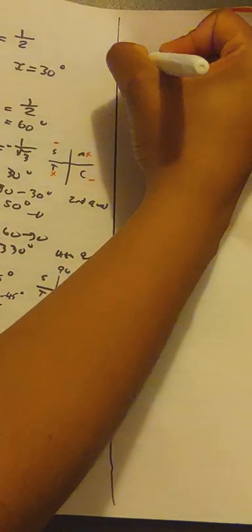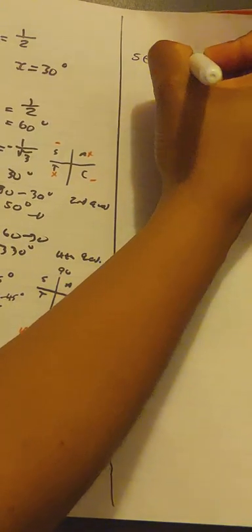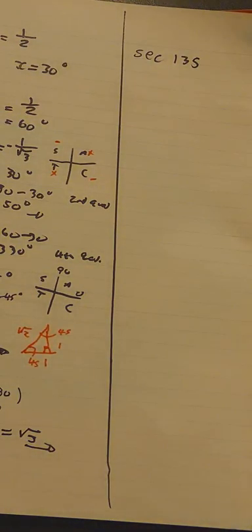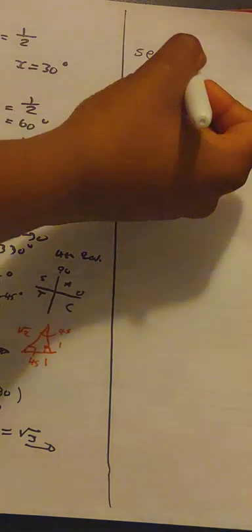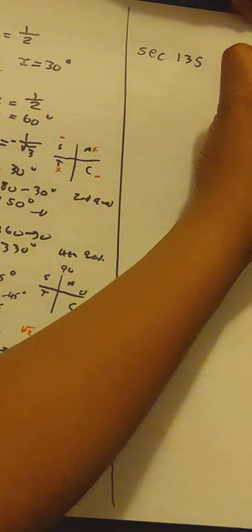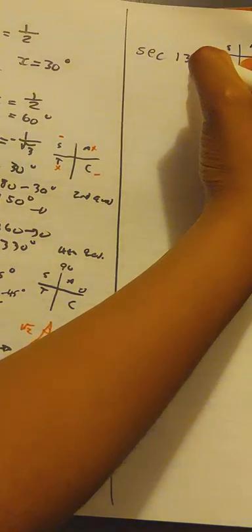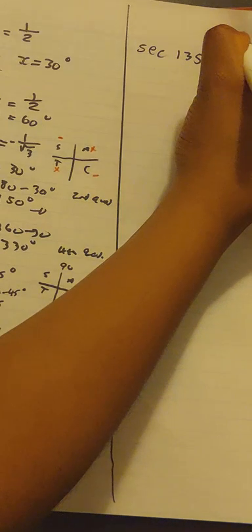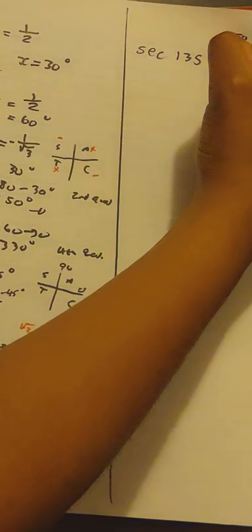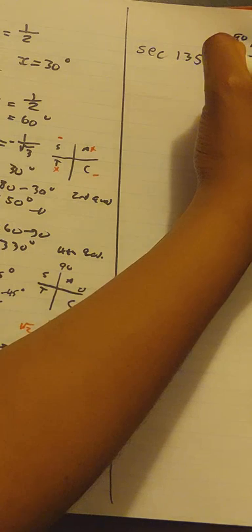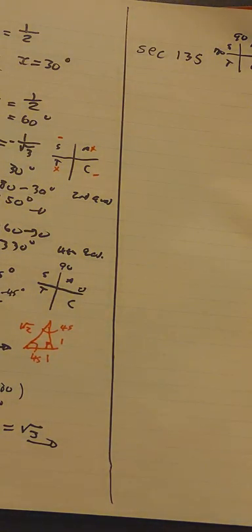We also might get something like sec 135. For us to solve this, we are given this. That means we're going to go to our CAST diagram. Guys, where is 135? Here it's 90. Here it's 180. 135 is between 90 and 180, right?